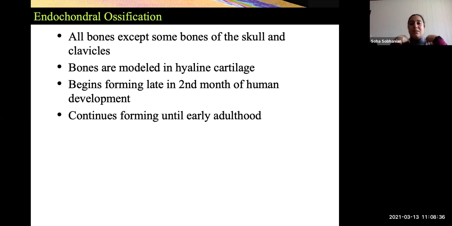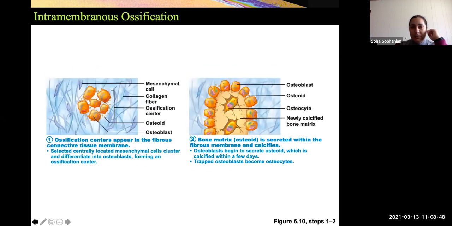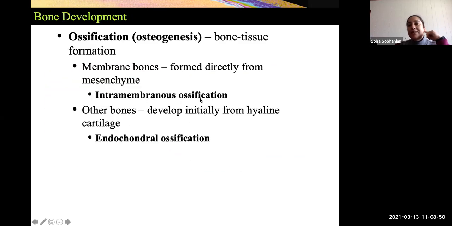Your clavicle and your skull, and not all of the bones in the skull, but we're just going to generalize it for your purposes, are going to use the first method, which is intramembranous ossification. The only bones that develop through this path are your skull bones and your clavicle. Every other bone in your body develops through a mechanism called endochondral ossification.